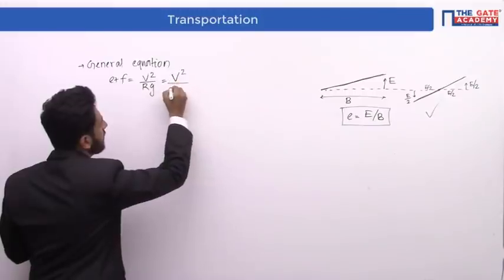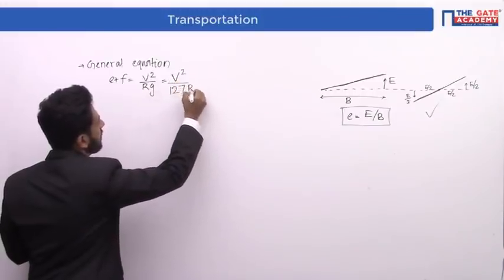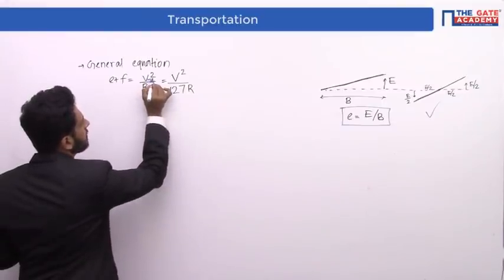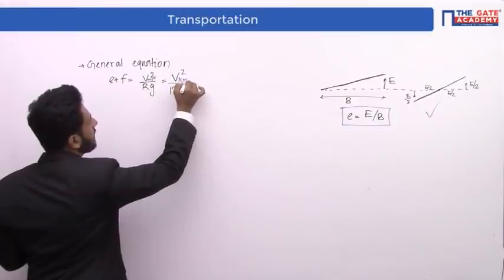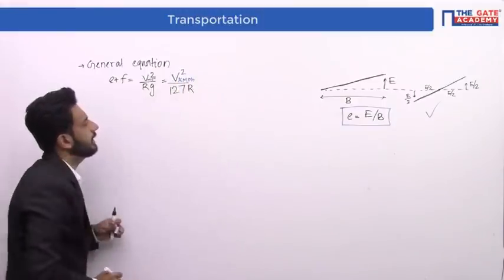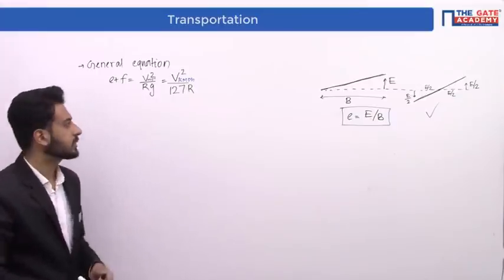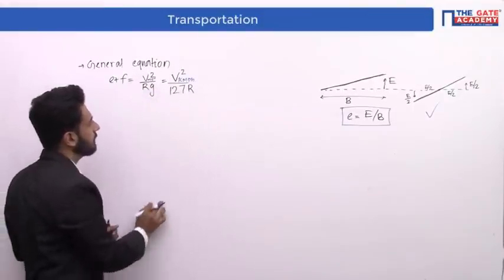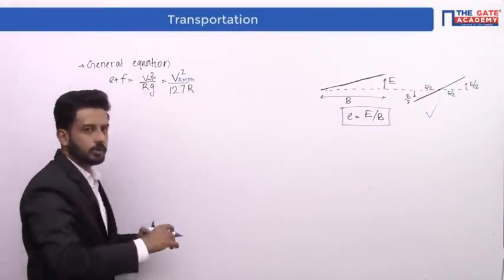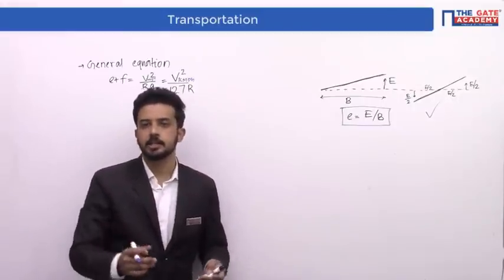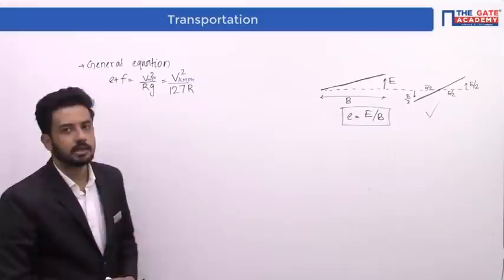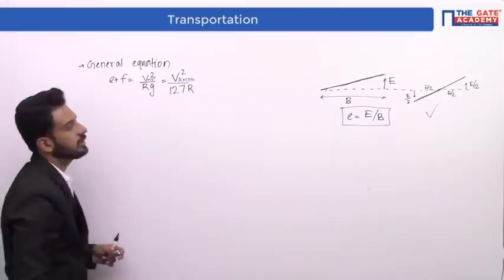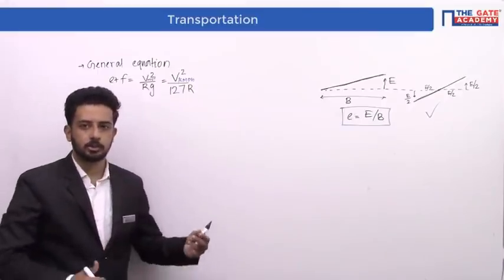Capital V square divided by 127 R. Instead of putting it in meter per second, directly I can take the value from the question and use this equation, V square by 127 R. The same value we convert into kilometer per hour, and we apply the acceleration due to gravity, which is 9.81. So if I apply everything, I can use this equation, V square by 127 R.